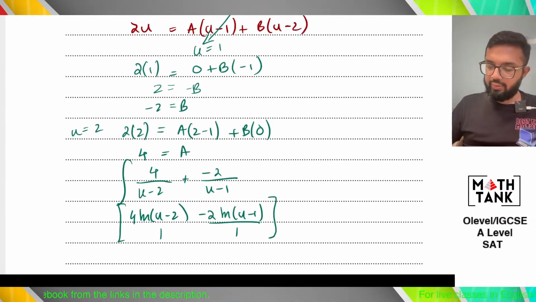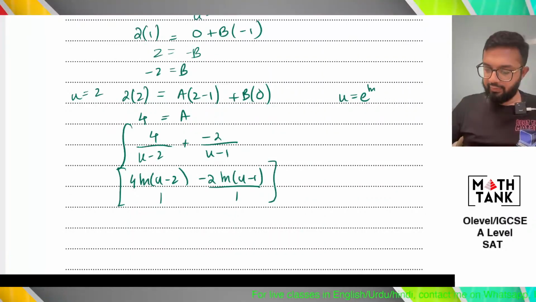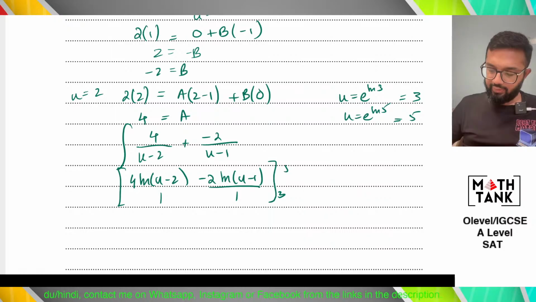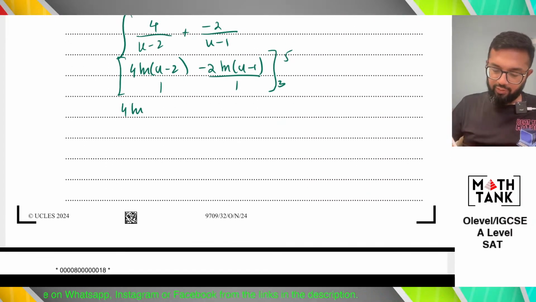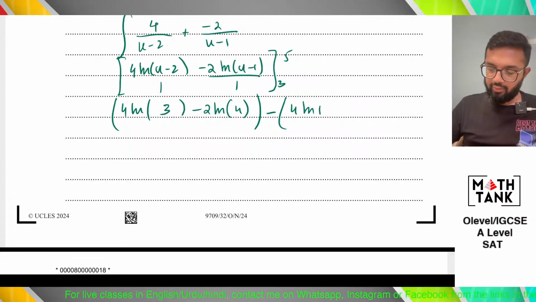What are the limits? The limits were for x, ln3 and ln5. So u is 3 and u is 5, so 3 to 5. 4 ln 3 minus 2 ln 4, let's call that... 4 ln 1 minus 2 ln 2.